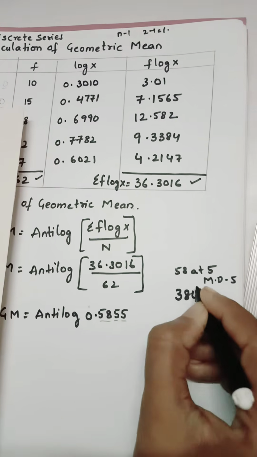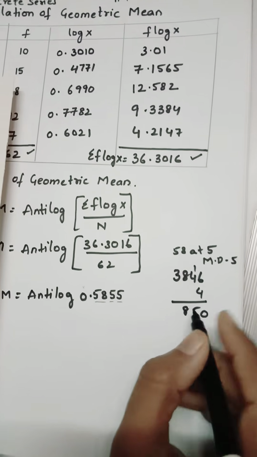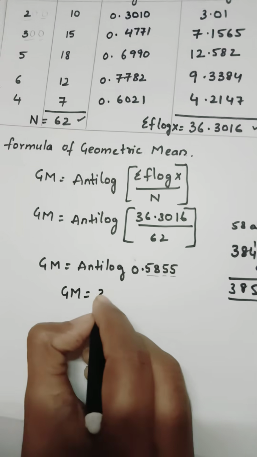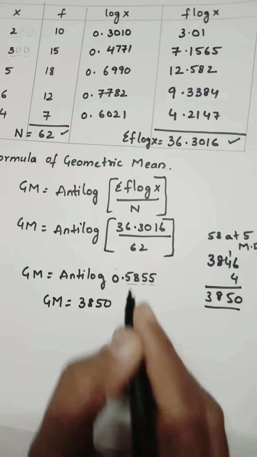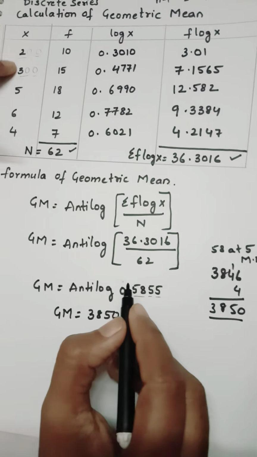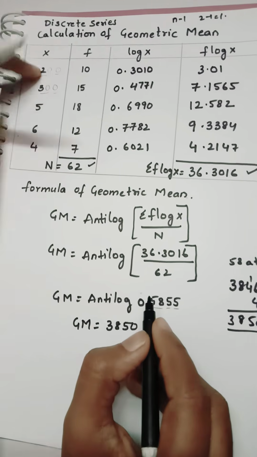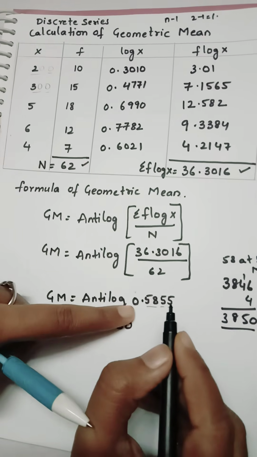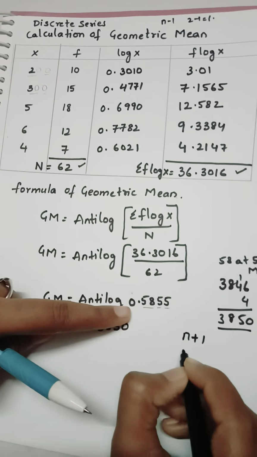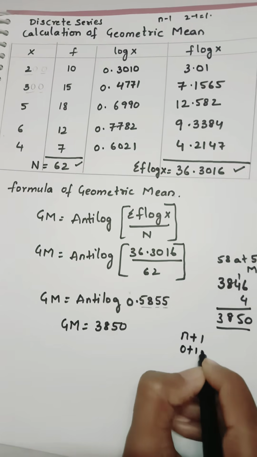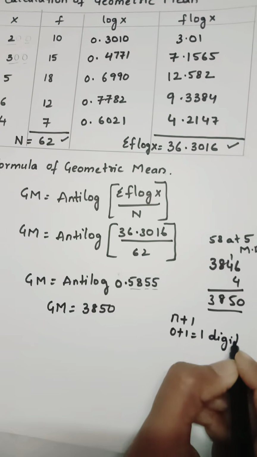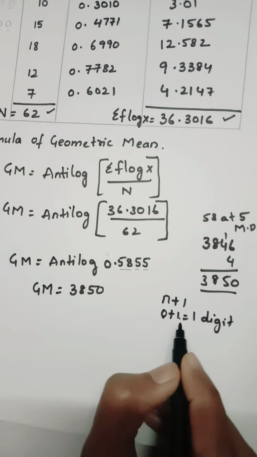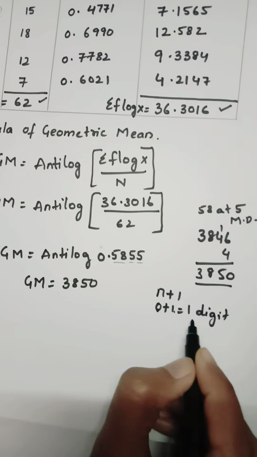Now we need to add: 3846 plus 4, so the answer is geometric mean equal to 3850. Here, with a single digit number, n minus 1 is 0, and 0 plus 1 is equal to 1 digit.